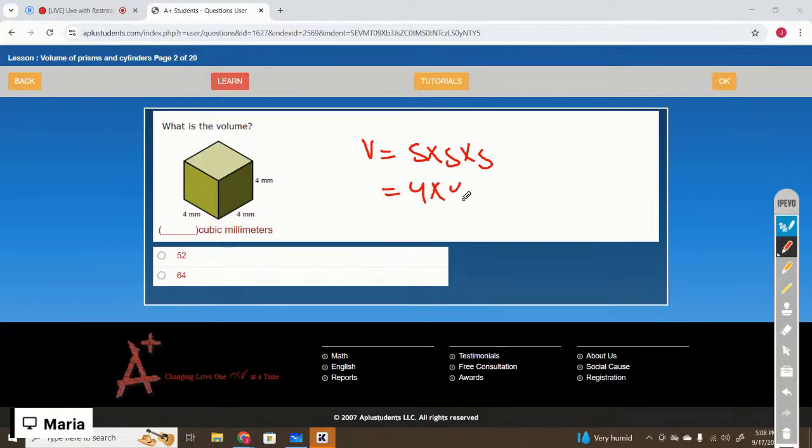That is 4 times 4 times 4. 4 times 4 is 16 and 16 times 4 is 64.